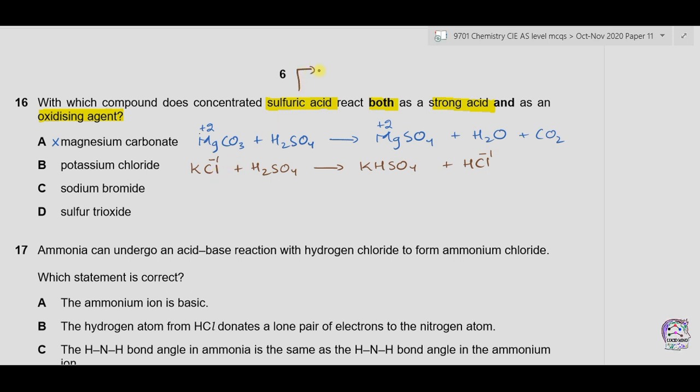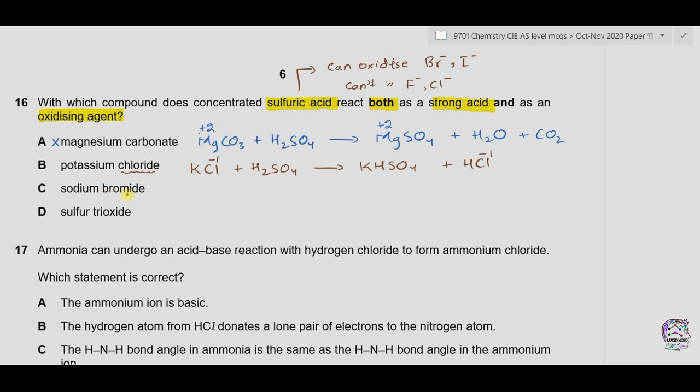Also, we know that concentrated sulfuric acid can oxidize bromide or iodide ions, but it cannot oxidize fluoride or chloride ions. As we have chloride in potassium chloride, so therefore it is not oxidized by sulfuric acid.